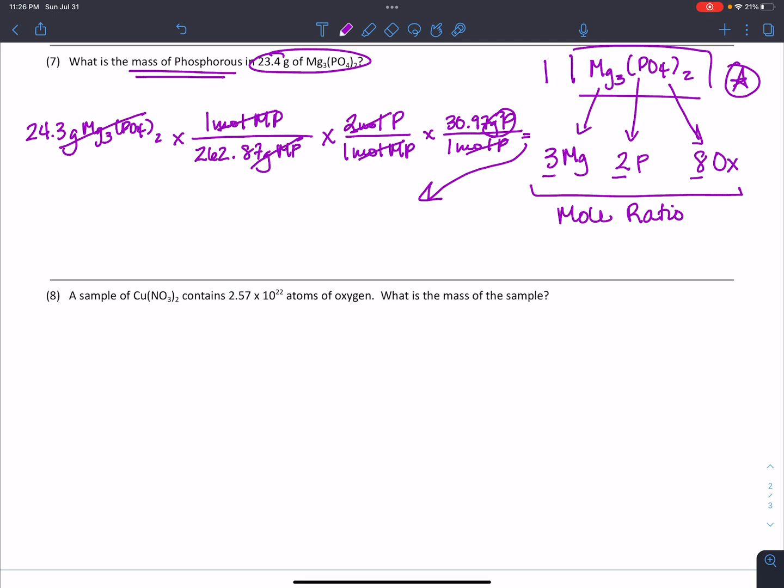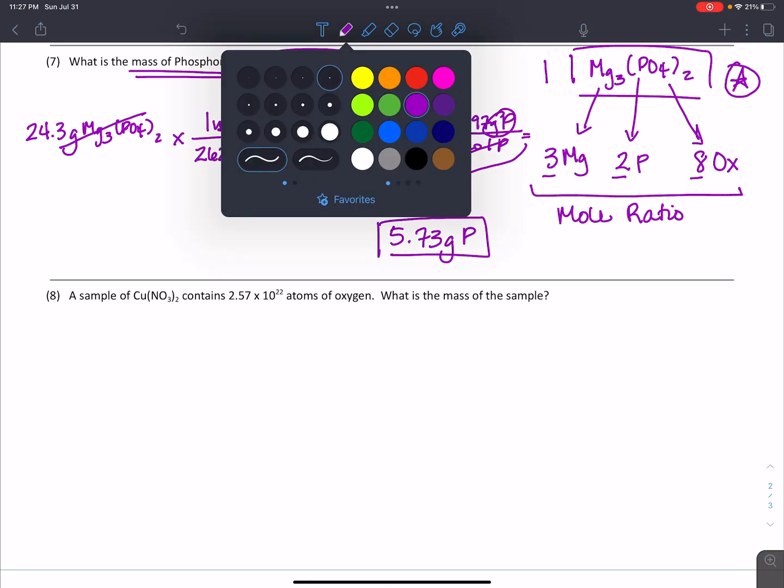So we go and check with our calculator, 24.3 times 2 times 30.97, and then we divide that by 262.87. And we find that 24.3 grams of magnesium phosphate contains 5.73 grams of phosphorus.